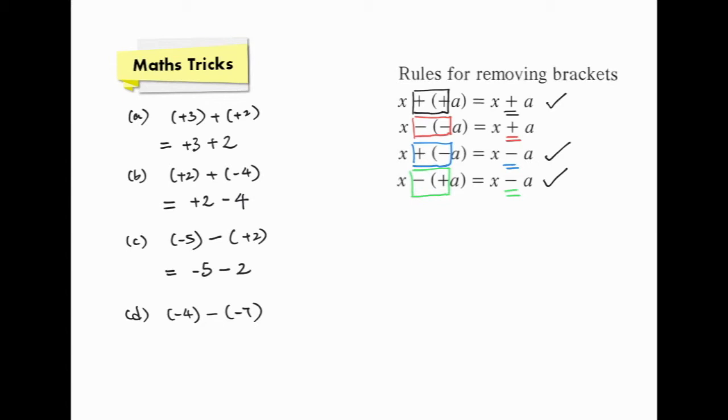The last example, negative 4 minus negative 7. Start with negative 4. Then, by rule 2, we have negative 4 plus 7. After removing the brackets, we perform the operations of numbers.